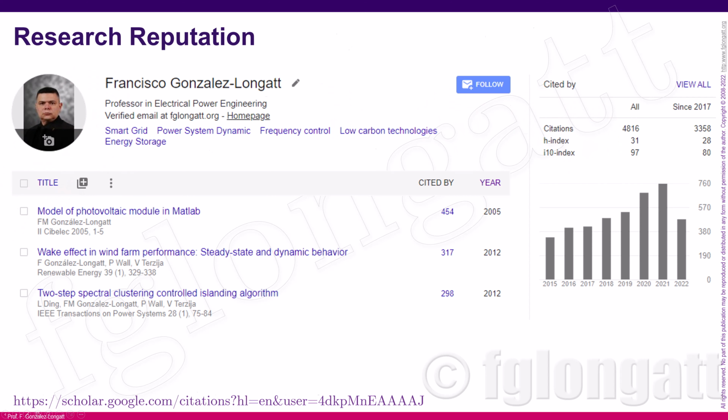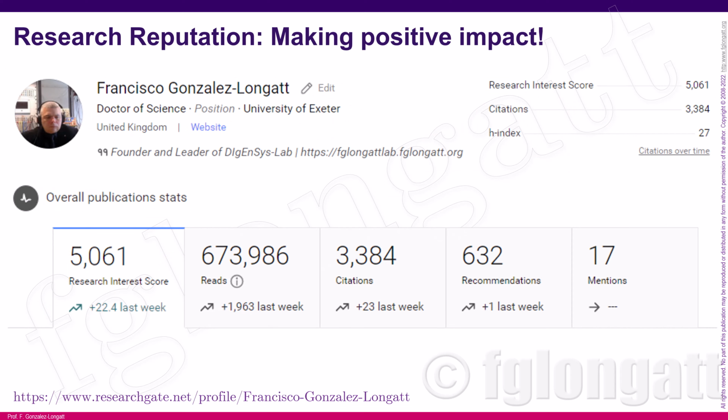If you go to my ResearchGate repository, which you will be using because I post a lot of information there, you will find around 3,300 citations. You can see that my research is quite interesting for many people, with more than 600,000 reads of my research. Just last week it was around 2,000.